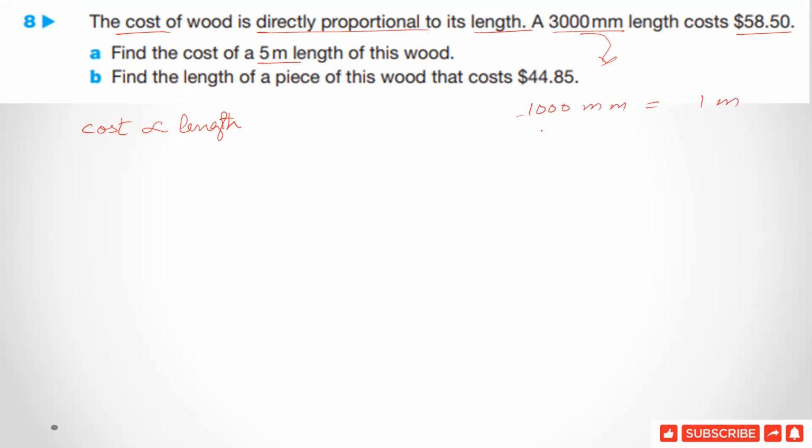So 3000 millimeter will be 3000 divided by 1000, because if you convert smaller to bigger, you always divide. So here this will come as 3 meters. So now I take C from cost and L from the length.